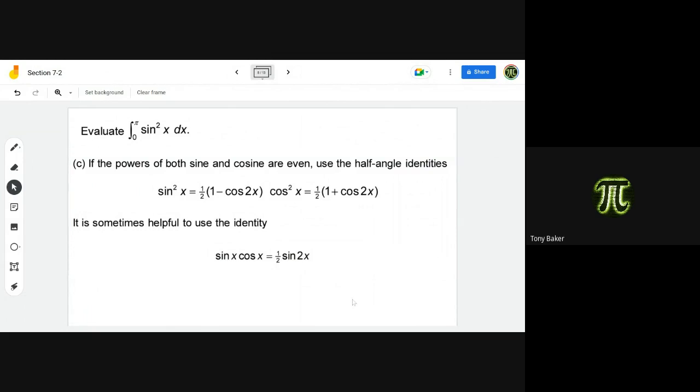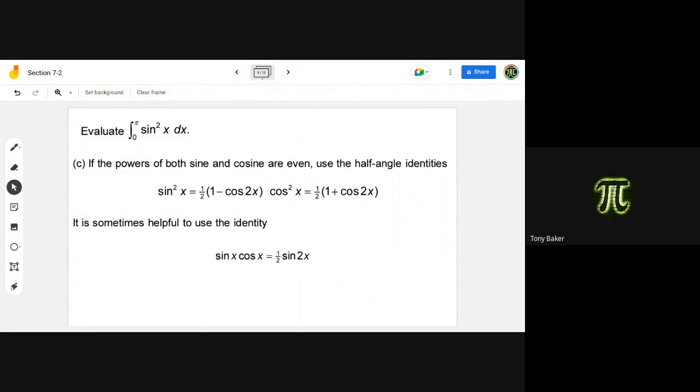The big one comes though if they're both even, because when I pull one out, I'm left with an odd and I can't change it. So if they're both even, we have to use a half angle identity. Sine squared x equals 1/2 times 1 minus cosine 2x.